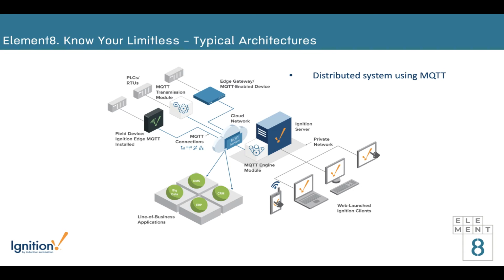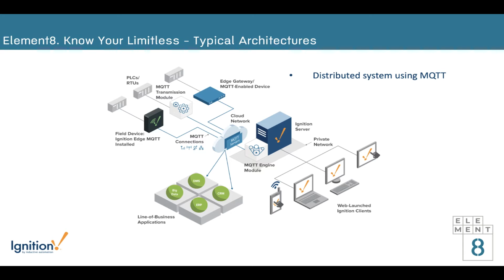We can also have a very good distributed architecture, so if we potentially have stranded assets out in the field, in this case we can utilize the MQTT modules to bring those stranded assets out to a central server. And you'll notice in this example that I've got a few field devices running the Ignition Edge module.